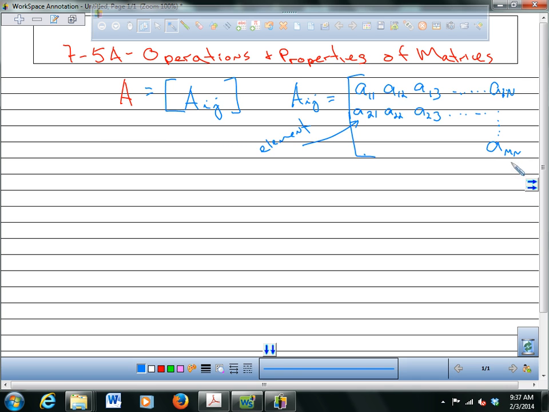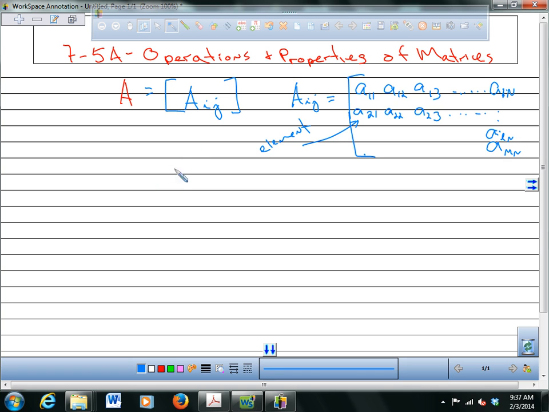So this is the mth row and the nth column. Whereas if I had one above it, this one would be in the, what's before m? l, the lth row and the nth column, like that. So they use letters to indicate like that.